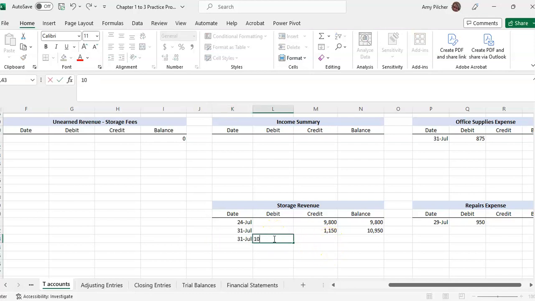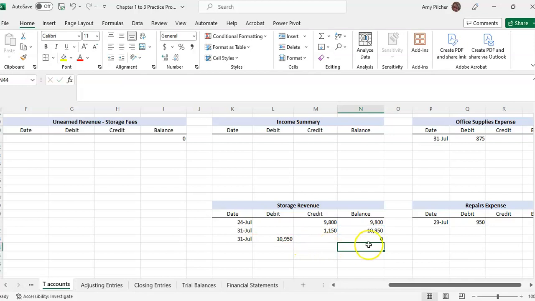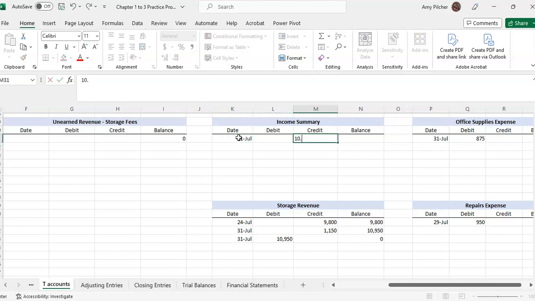We have a debit of 10,950. So we now have zero balance in storage revenue. And we're going to have a credit balance in income summary.